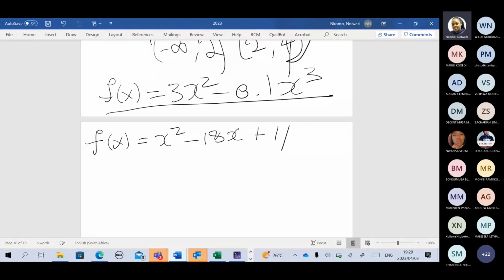You do this one in your own time. Please, let's do this together. We have 3 minutes to do this one. Find the interval whereby this function is increasing or decreasing.